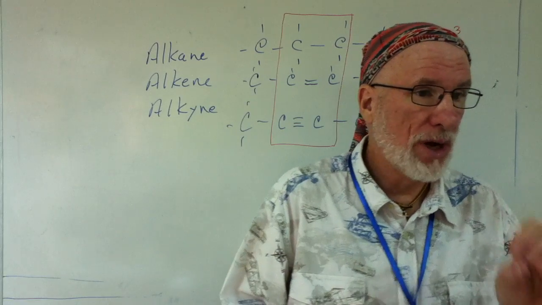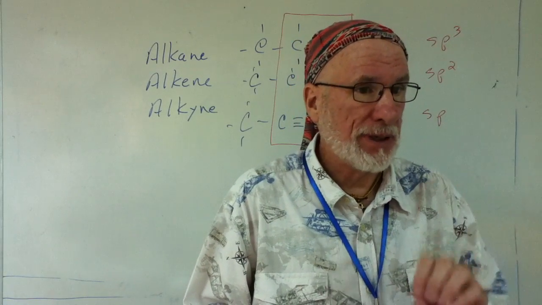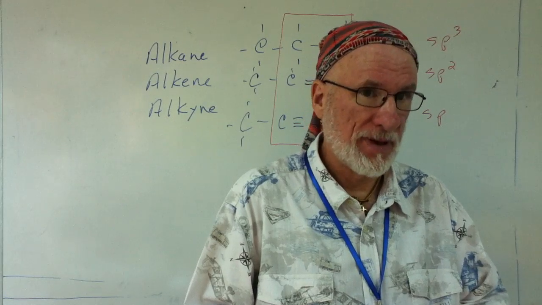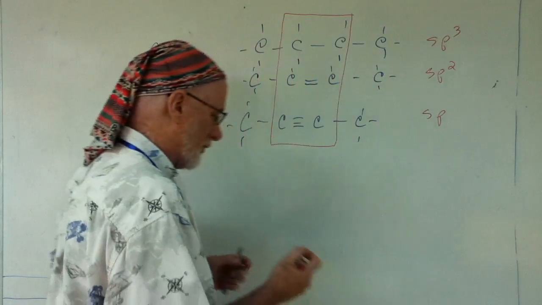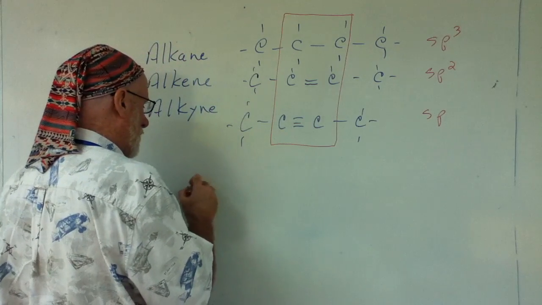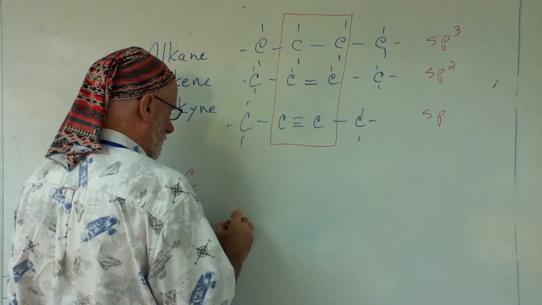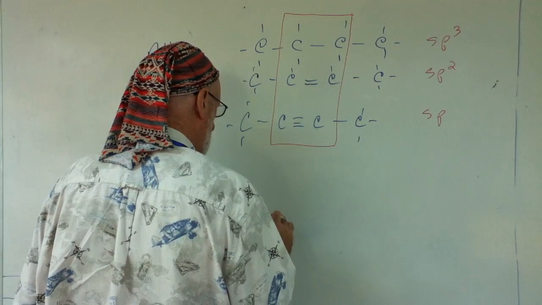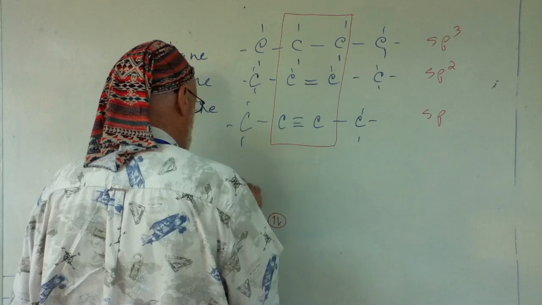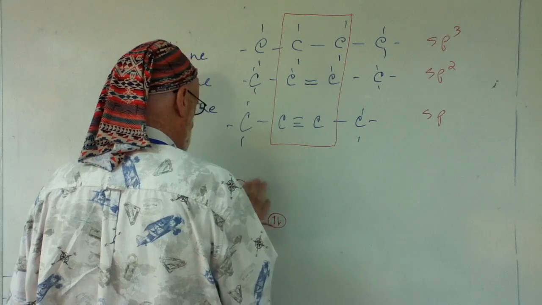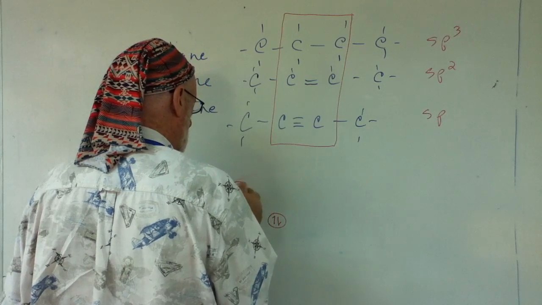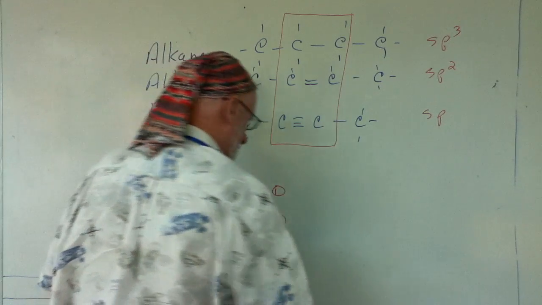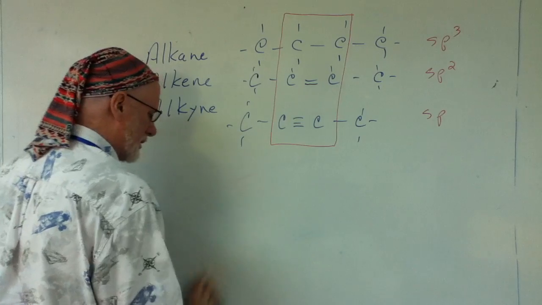Now, you know S and P orbital structure, correct? Yes. You remember that? Okay. So we have a carbon. Let me erase this.